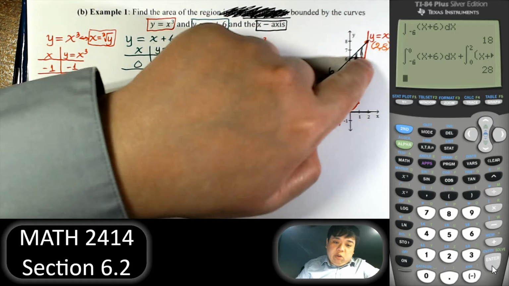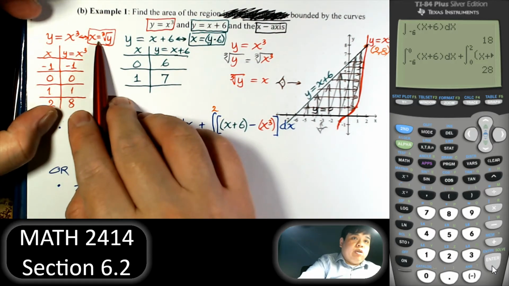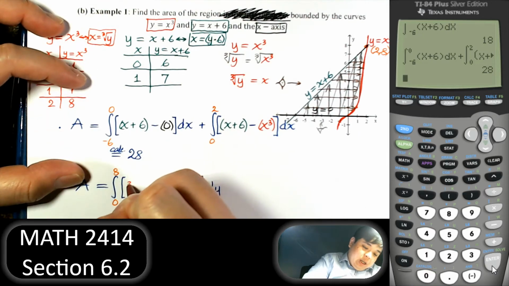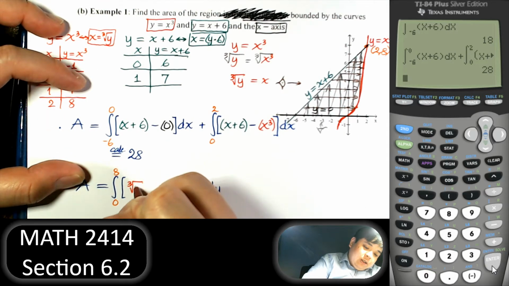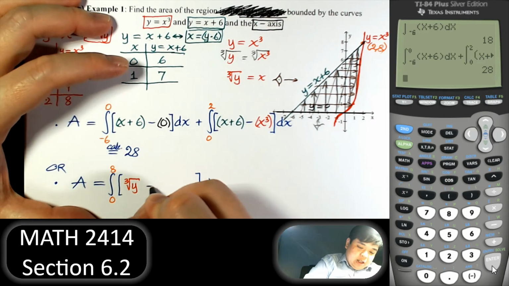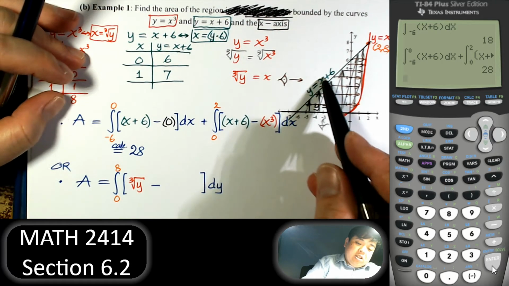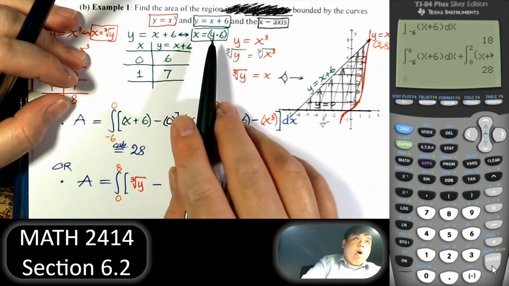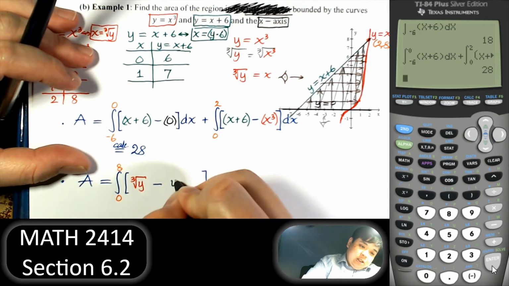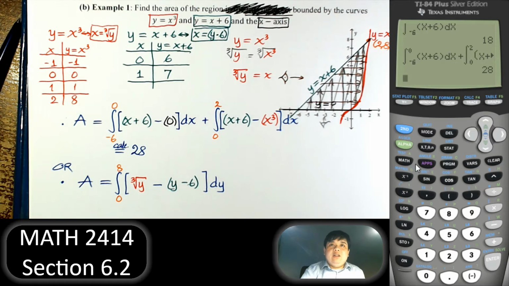So the function on the right is x cubed, but we cannot put x cubed. We have to put the function of y. So that will be cube root of y. And then subtract the function on the left, y equal to x plus 6, but we have to write that in terms of y. That is y minus 6. So if we integrate, we can use x or y.